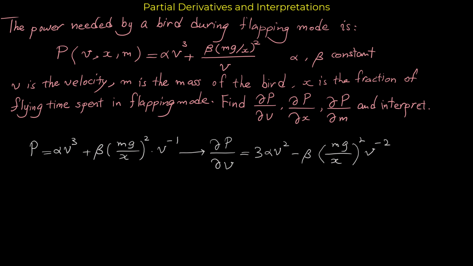But what is the interpretation? Whenever we take any derivative or partial derivative, one interpretation is rate of change. Rate of change of what? Rate of change of the function with respect to the variable.